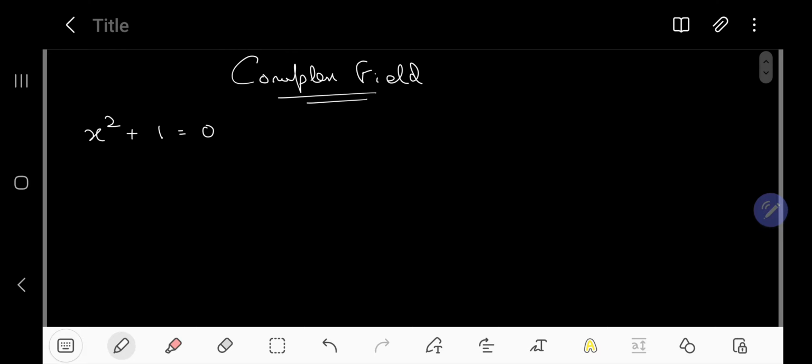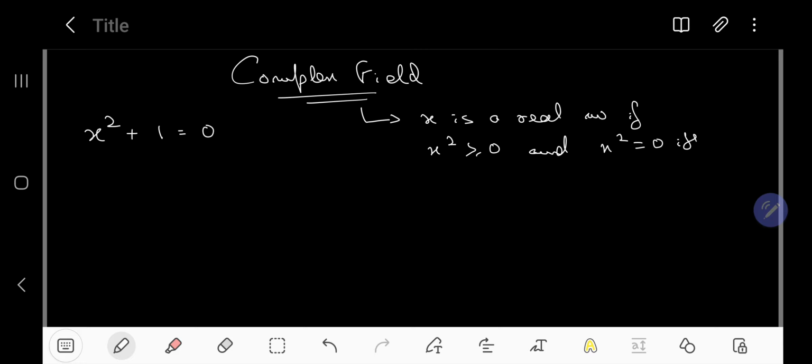One of the definitions of a real number is that x is a real number if its square is greater than or equal to 0, and it is equal to 0 if and only if x itself is 0. Okay, clear?